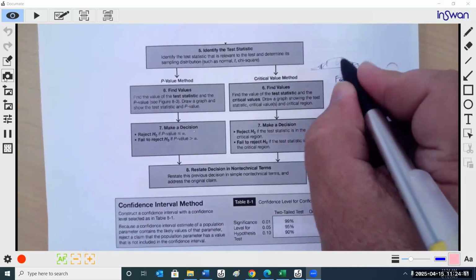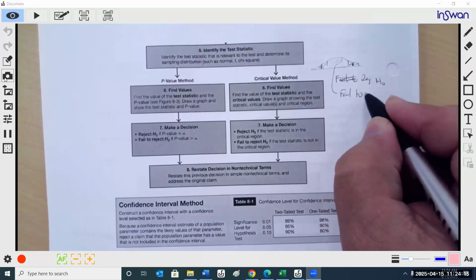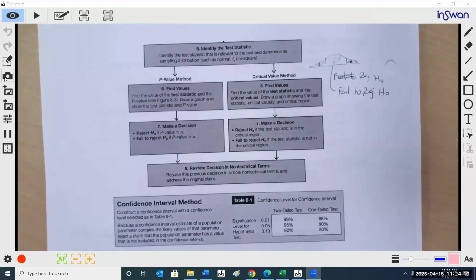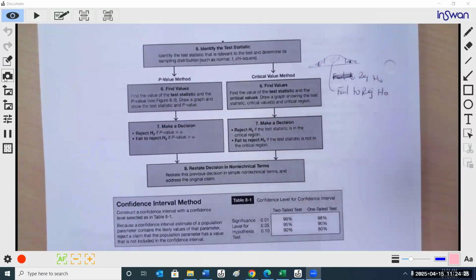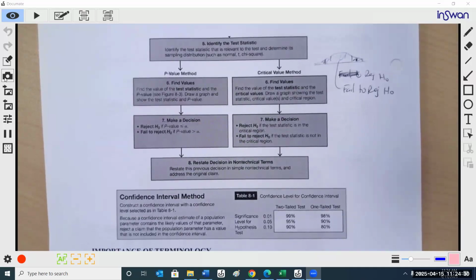If it falls inside here, we fail to reject the null hypothesis. Remember, it all boils down to what your null hypothesis is.